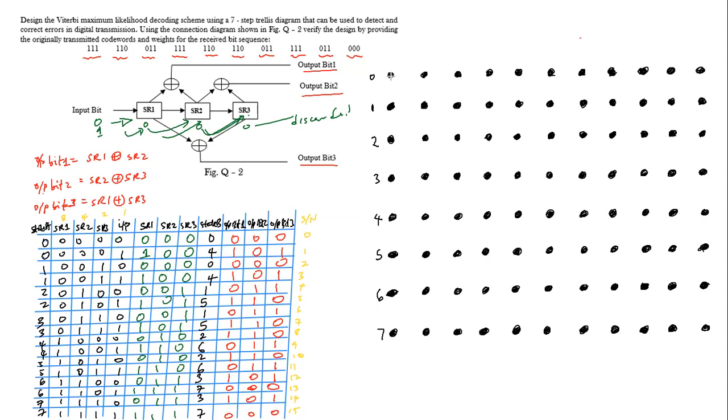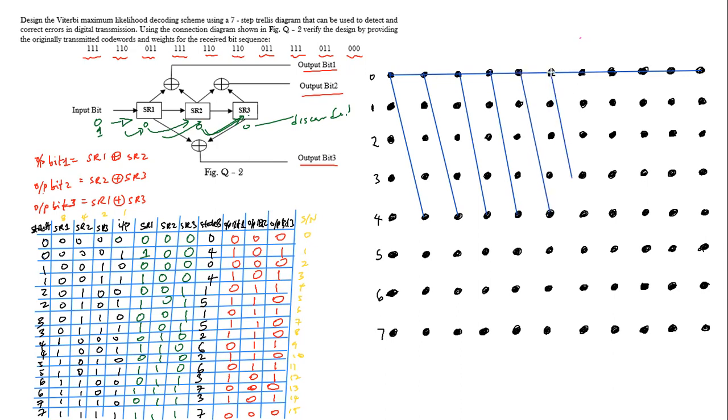So we are moving from state 0 to state 0 all the way, and then we move from state 0 to state 4, all the way.